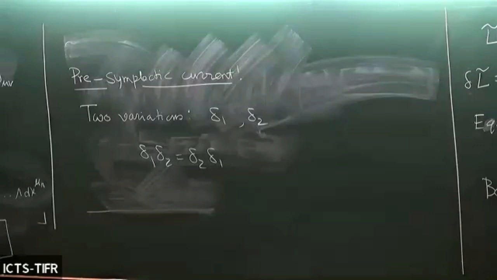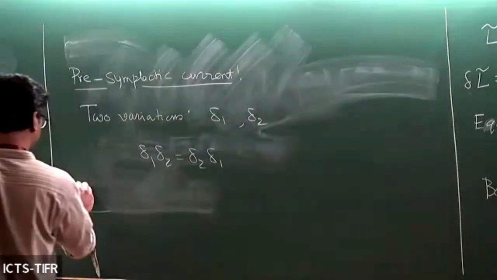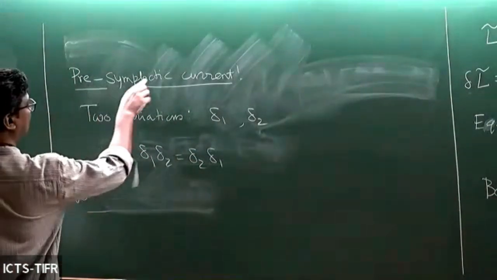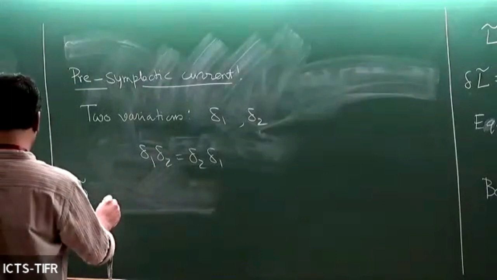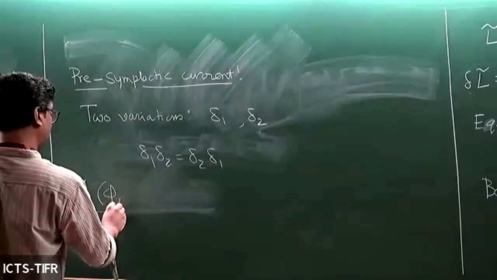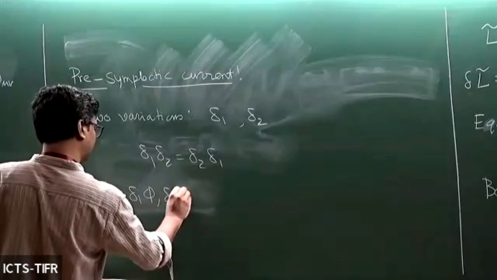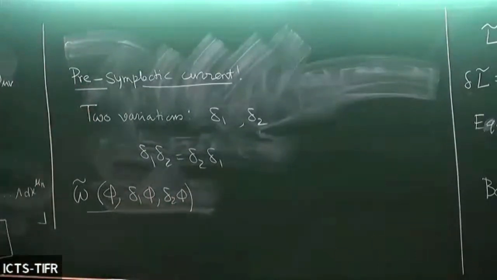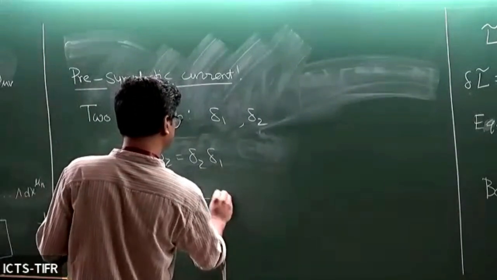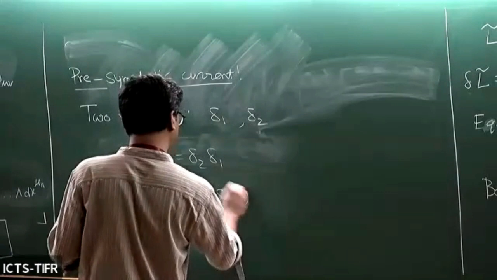If I do that, then we can define a new object called the pre-symplectic current, which is also a function of phi, but now it depends on two variations. It is given with this formula: delta 1 acting on theta.